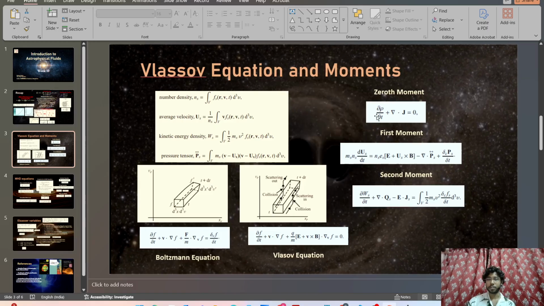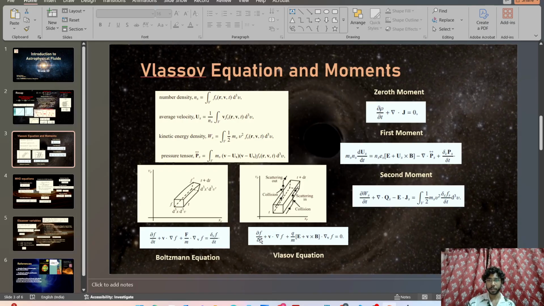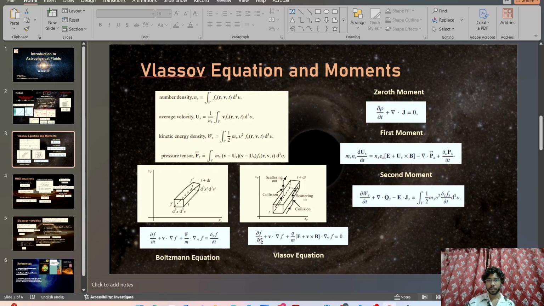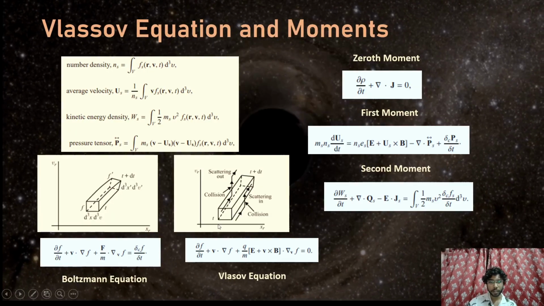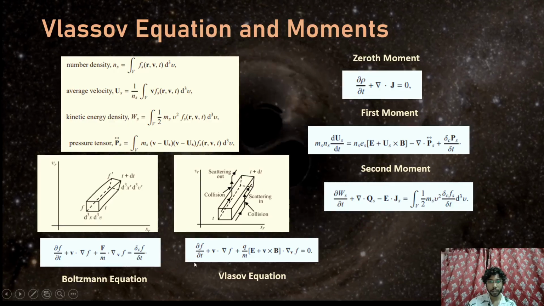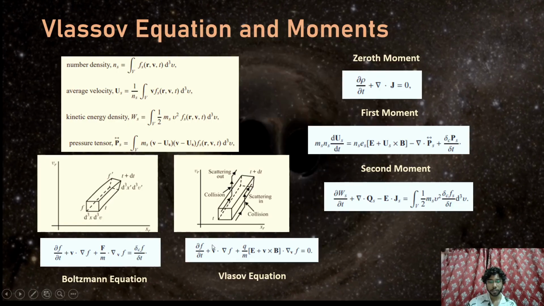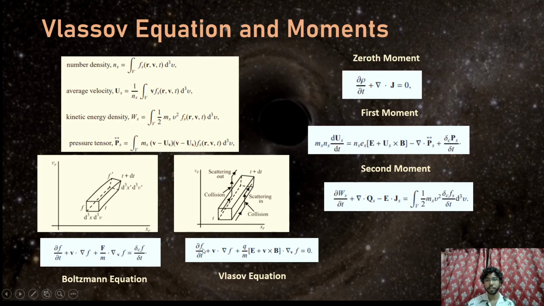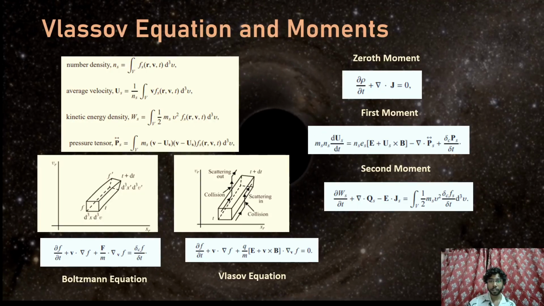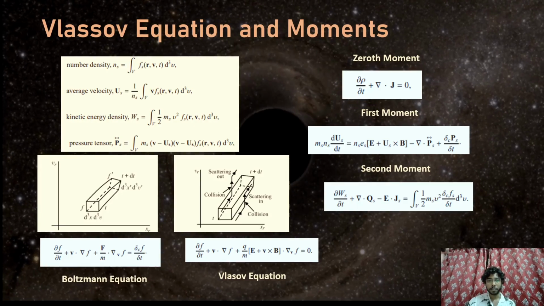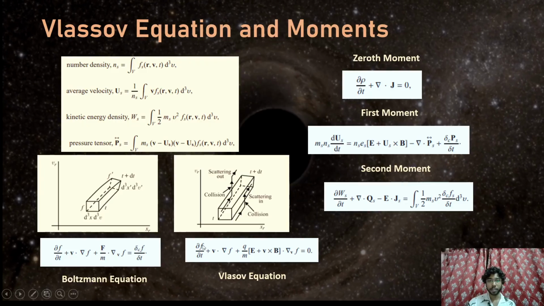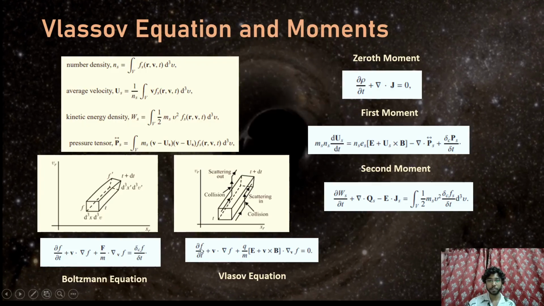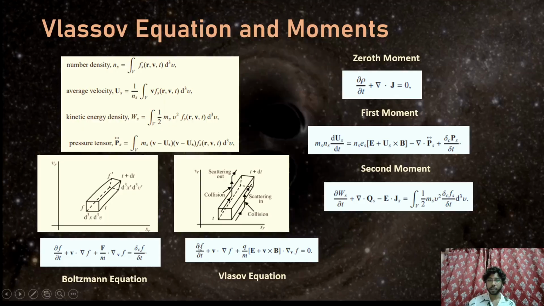If you remember, we also did taking moments back when we were doing the hydrodynamic equations. While taking moments, we mean integrating this equation over the whole phase space, like doing d3x, d3v. By zeroth moment, we just mean that velocity to the power of 0 should be multiplied with f.